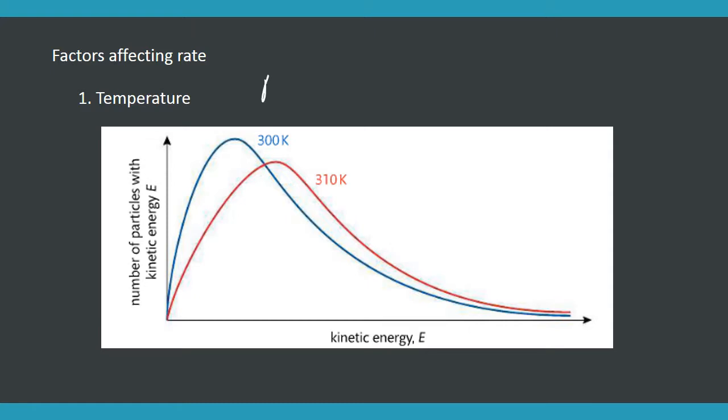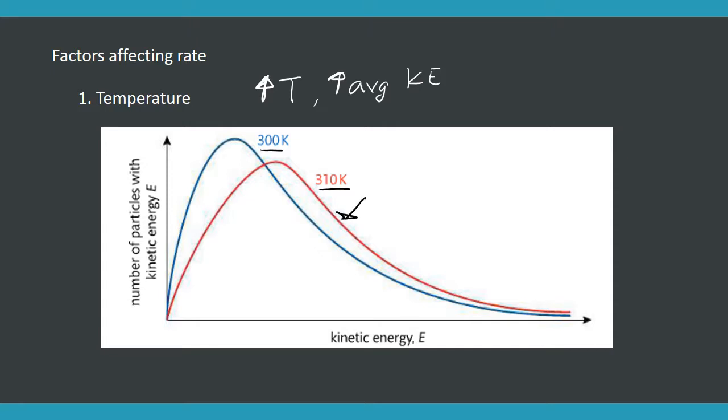Now we know, and what we theorize is if we increase temperature, right, we are going to increase the average kinetic energy of all the particles in our reaction. That makes sense, right? So if we're running a reaction at 300 K, and then we're going to run a reaction at 310 K, you can see that the entire graph has shifted, right?